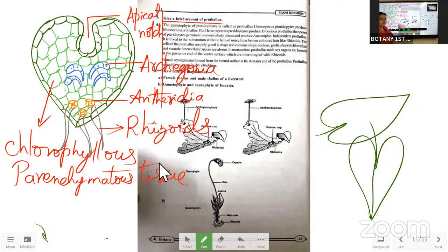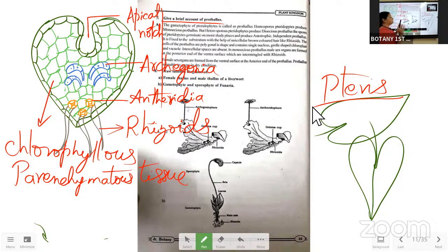If a prothallus is not formed, then sexual reproduction cannot be seen in pteridophytic plants, especially pteris, the best example for pteridophytes, with a silent P. So what we write: the prothallus is a gametophytic plant body that occurs for sexual reproduction in the pteridophytes. Example, pteris. That's the first sentence.